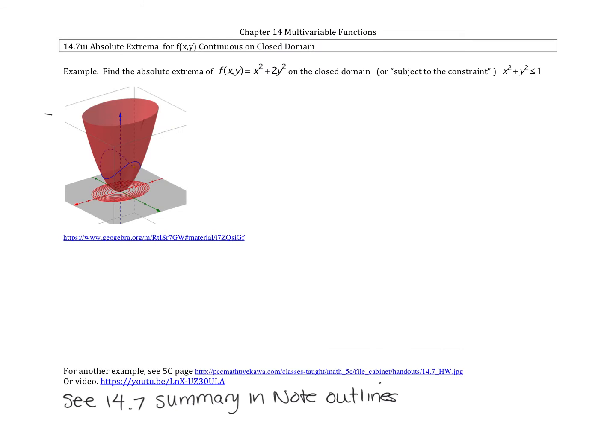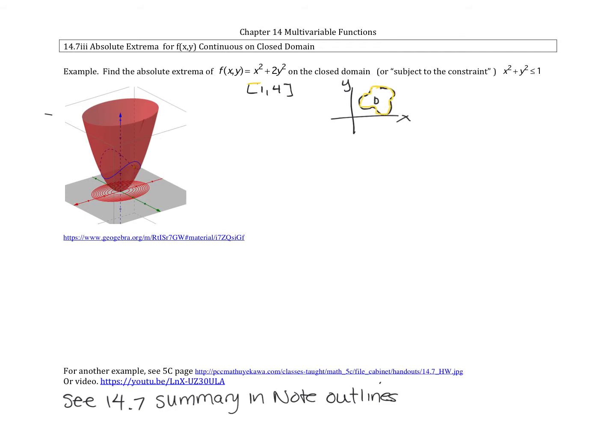Suppose you wanted to find the absolute extrema of a continuous function on a closed domain. In this case, instead of the domain being a closed interval, when we talk about a closed domain, our domain is a set in X, Y. So we are talking about some region that includes all of its boundary.